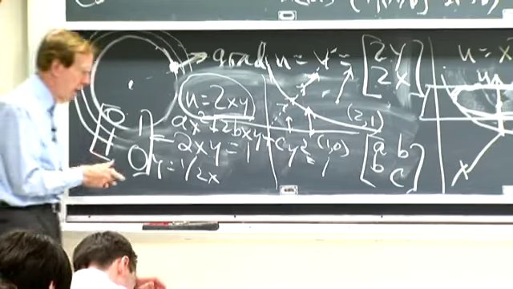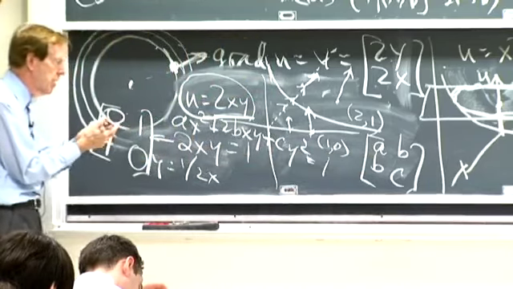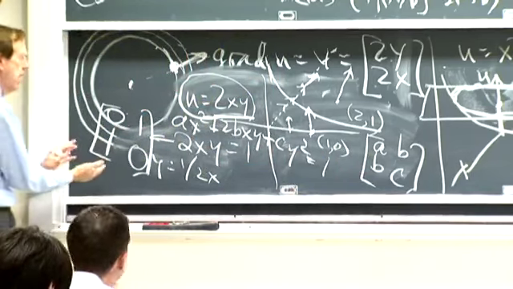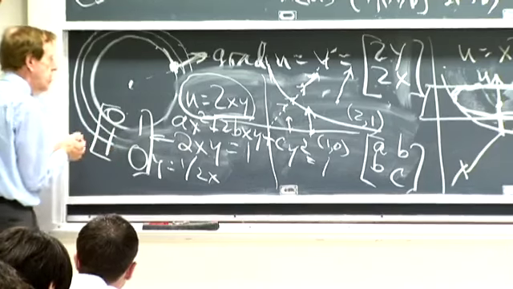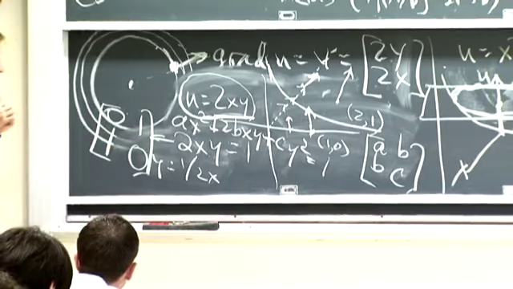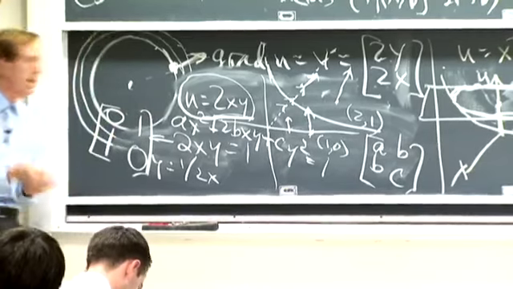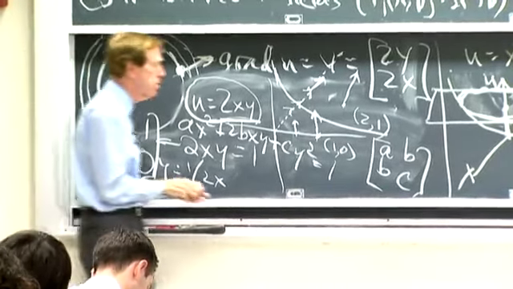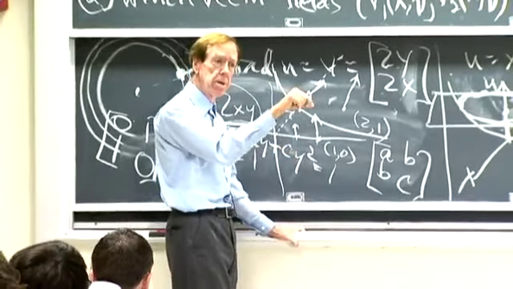And later on, definite matrices will correspond to elliptic partial differential equations, like Laplace. And indefinite matrices will correspond to hyperbolic partial differential equations like the wave equation. Oh, now we're here, I didn't expect to get here. What's the marginal case? What's the marginal case between positive definite and indefinite is semi-definite.